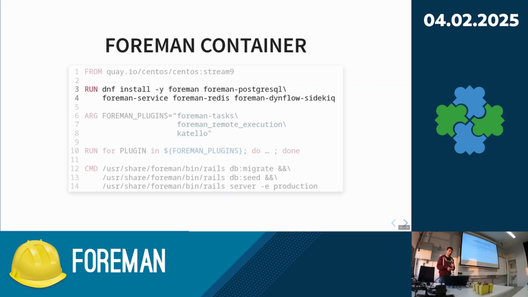We need to install PostgreSQL and Redis, because our packages are a bit split up, but we also install the Dynflow integration. And this is because we will be reusing that container later on for our Dynflow services, because Dynflow is conceptually still booting a Rails application and does a bunch of crazy stuff on top, which I don't understand, but Adam is.